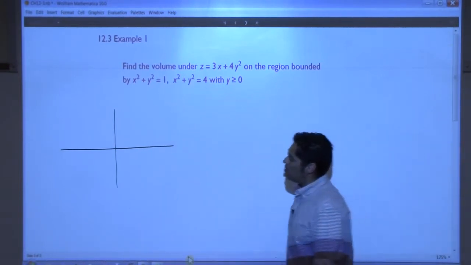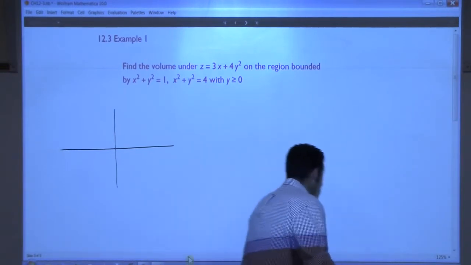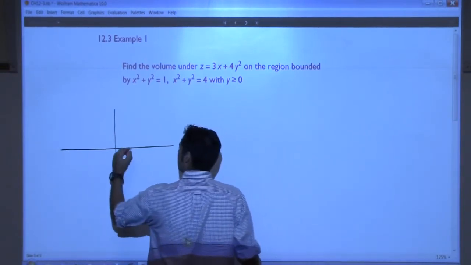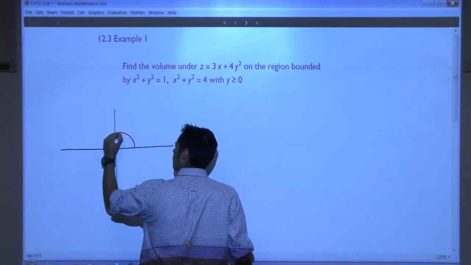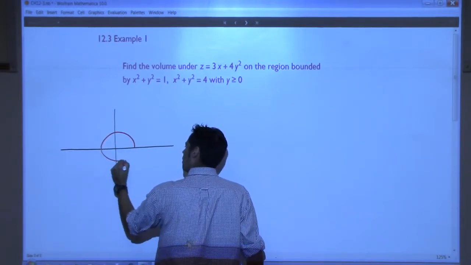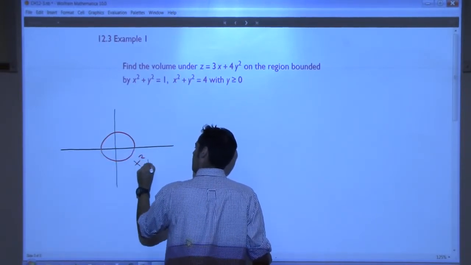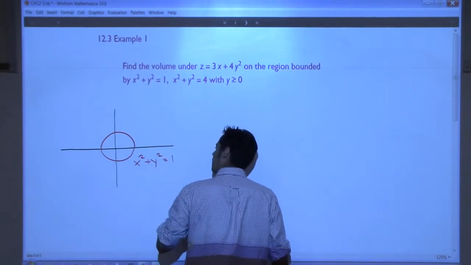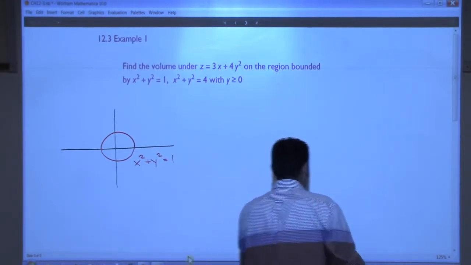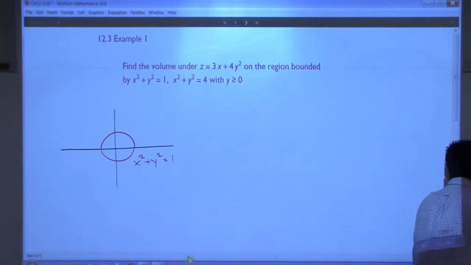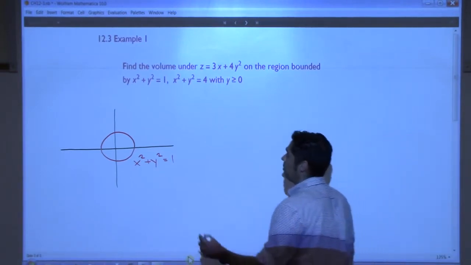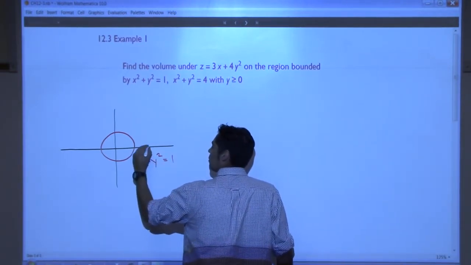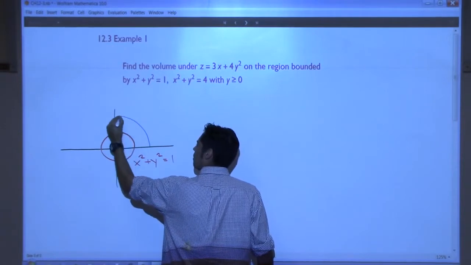So x squared plus y squared is 1, the unit circle. And then we have x squared plus y squared equals 4, which is a circle with radius 2.